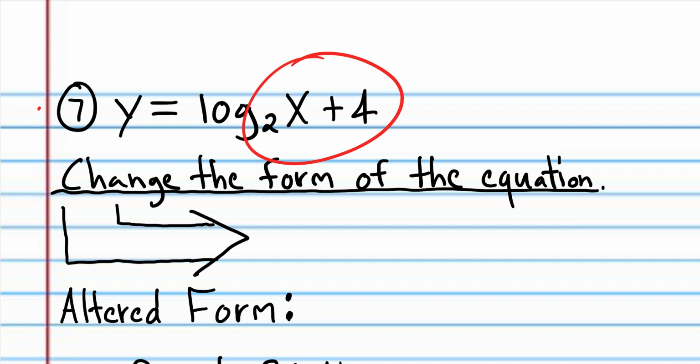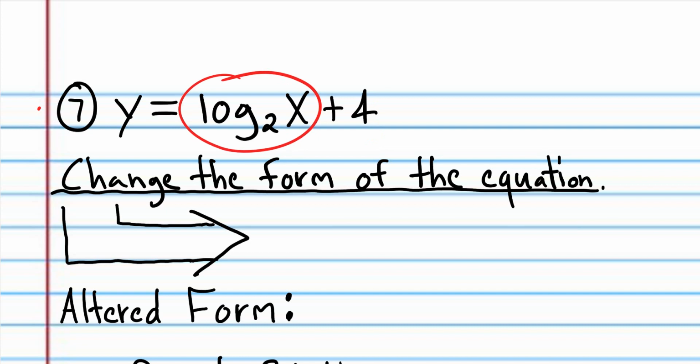And with math, mathematicians decided that you need parentheses if the 4 is actually going to be added to x. We're not adding 4 to x, we're adding 4 to log base 2 of x, so there are no parentheses. So you have to consider this number here and this expression here to be separate terms that you're adding together.